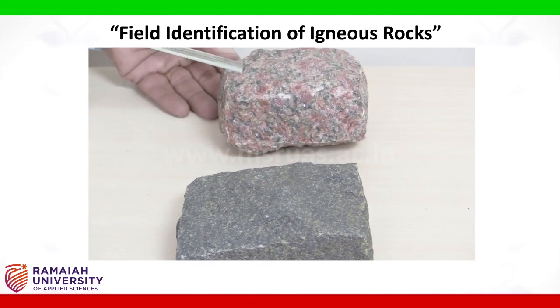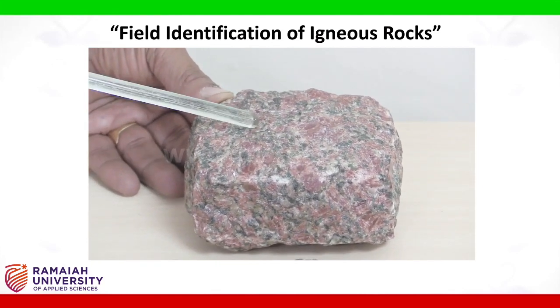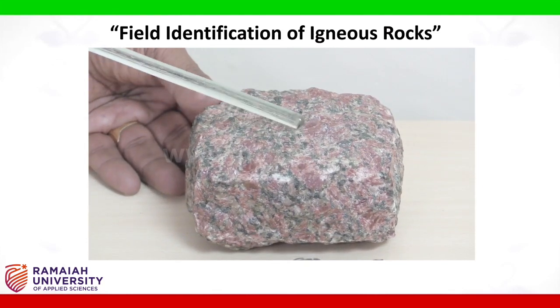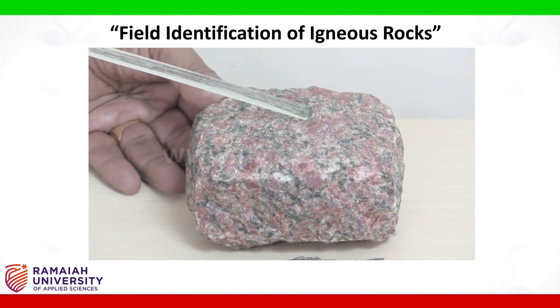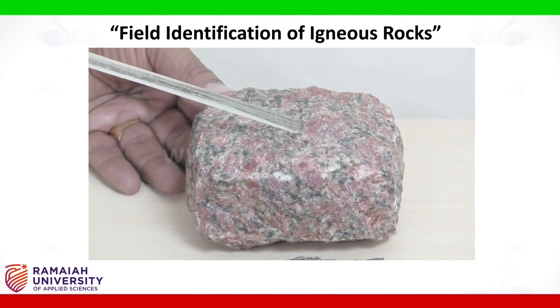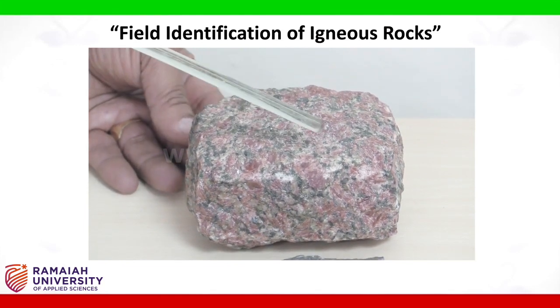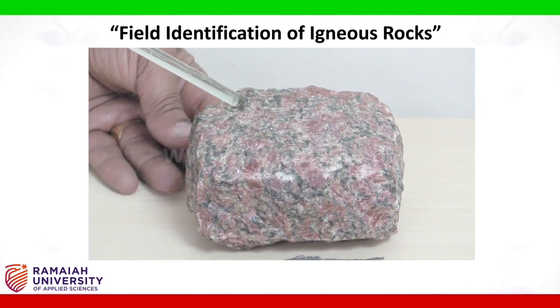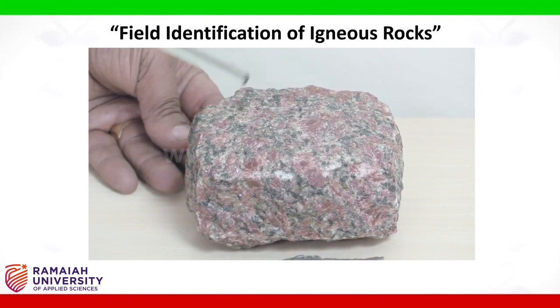Here this is essentially a coarse grained granodiorite with reddish brown pink feldspar, of orthoclase feldspar composition, along with quartz and dark colored minerals mica and hornblende.